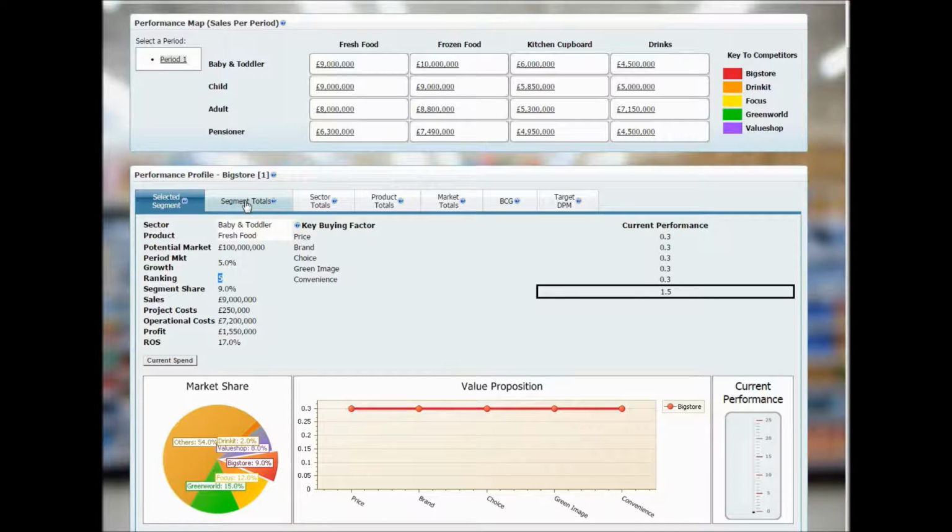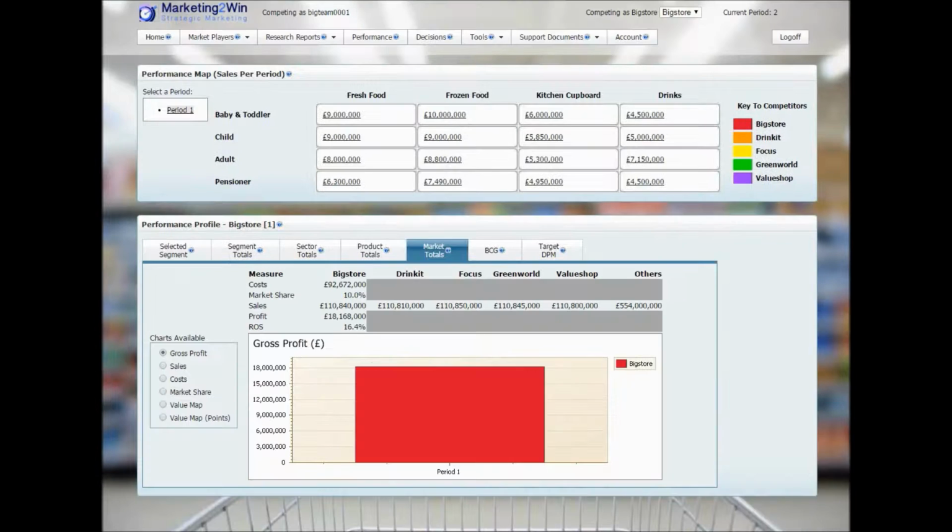The other thing that we could look at in this area are the totals tabs. We have 4 different totals tabs along here. They give the same set of data but different cuts. When I press on the Market Totals tab, this brings up key performance indicators across the whole market. For example, we can see our total costs, market share, sales, profit, and return on sales across the whole marketplace.